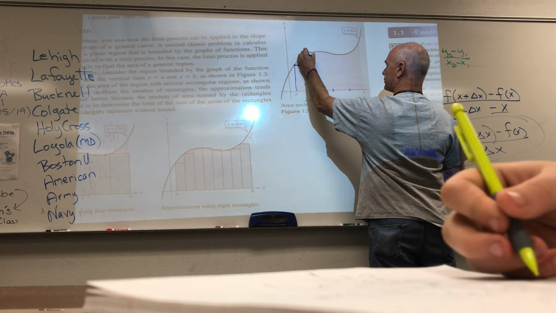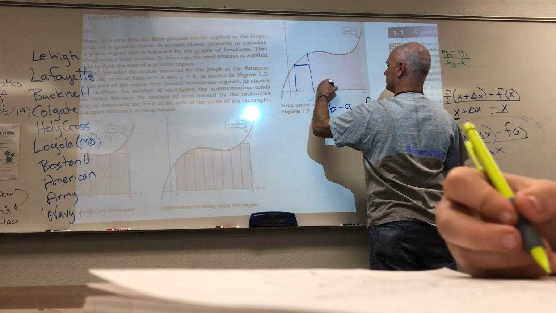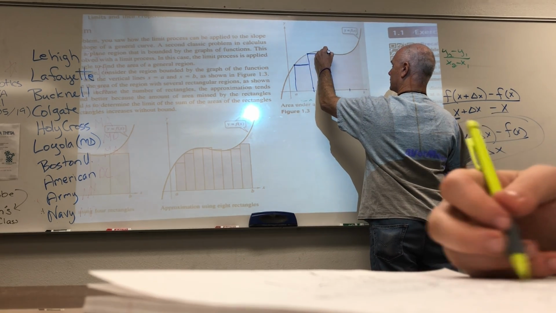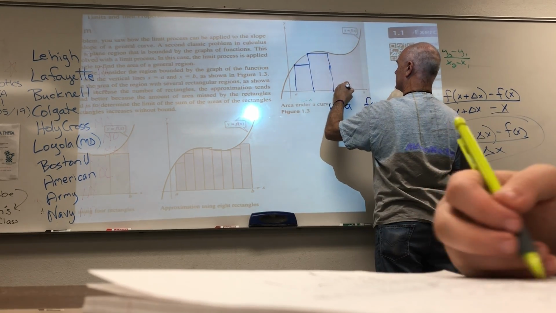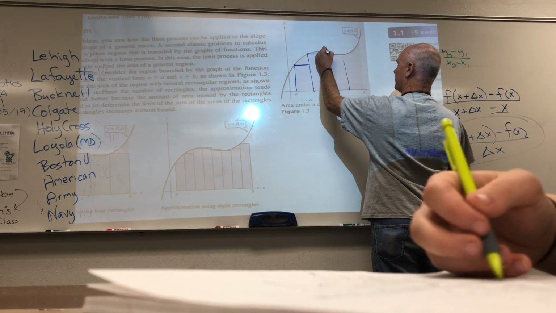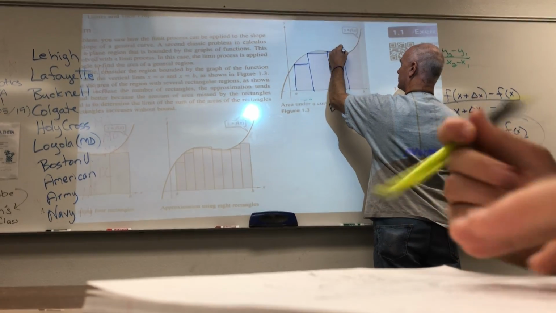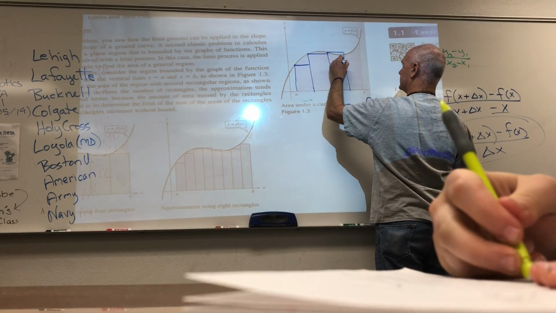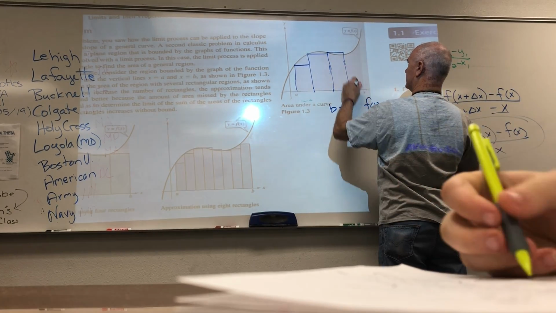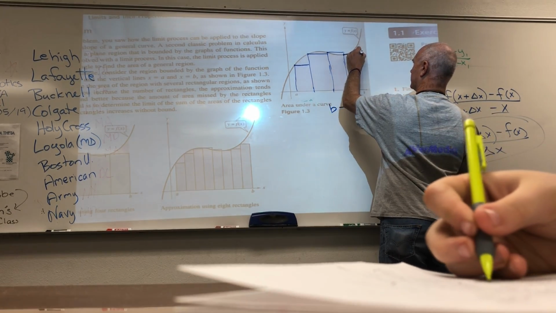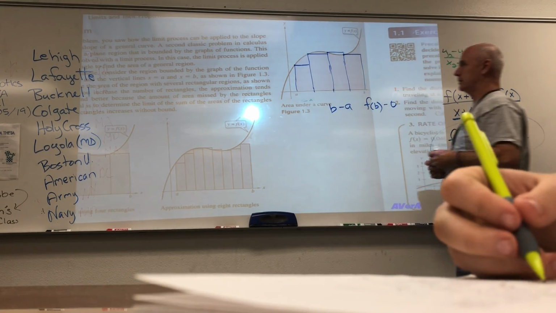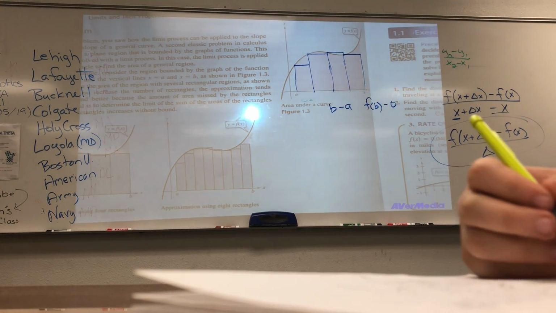And then from the left side and over and down. And then from there and over and down. And then from there and over and down. Do you see the difference? Do you see what I'm doing there?